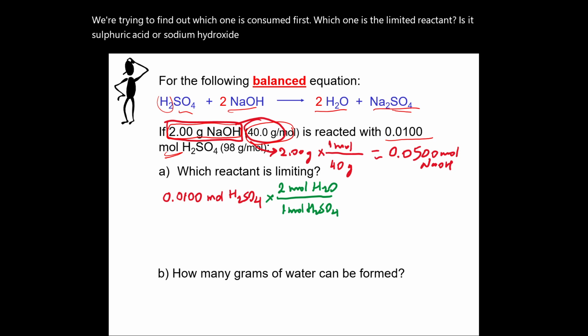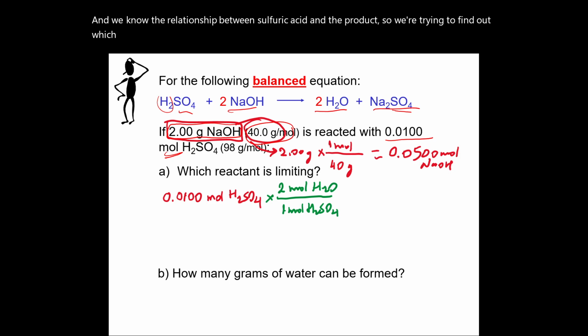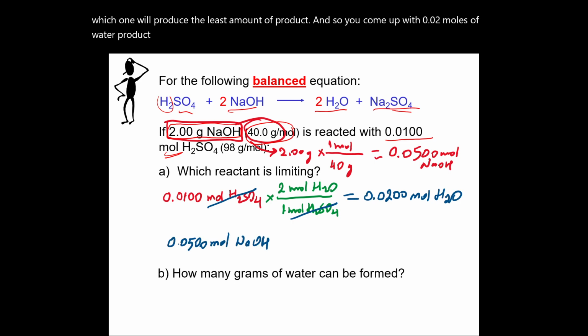So because we got 0.0100 moles of sulfuric acid, and we know the relationship between sulfuric acid and the product, we're trying to find out which one will produce the least amount of product. And so you come up with 0.02 moles of water product. So that is the sulfuric acid. We do the same thing for sodium hydroxide.